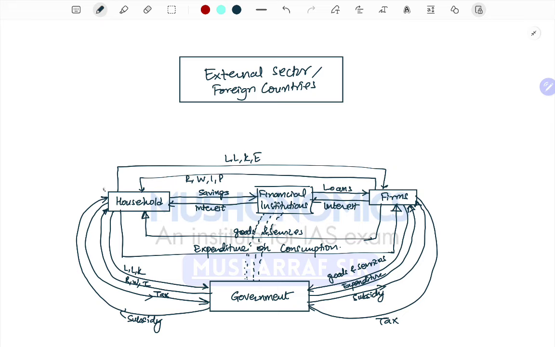So this is known as remittances. We will be getting foreign remittances from these countries, from our family member.